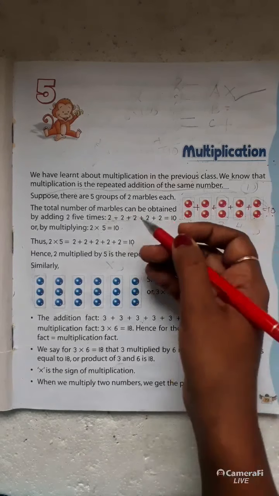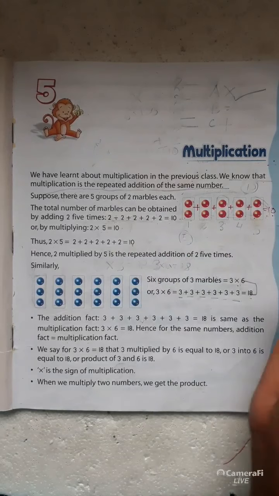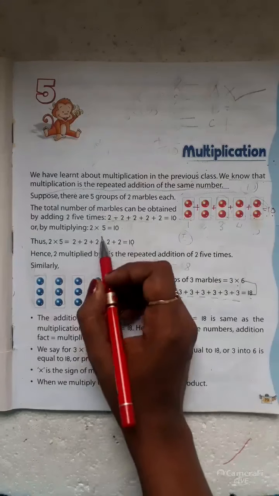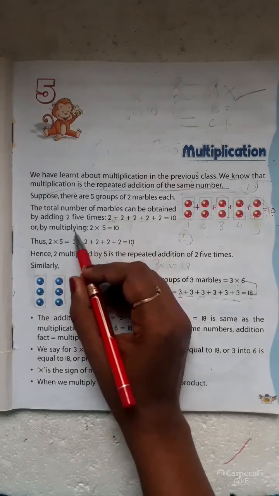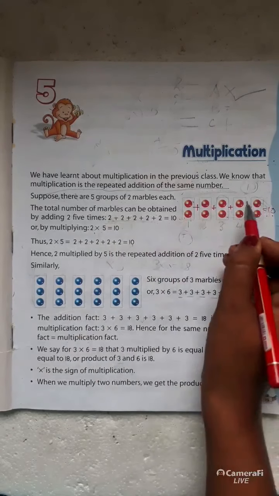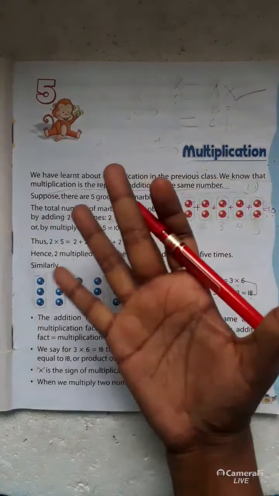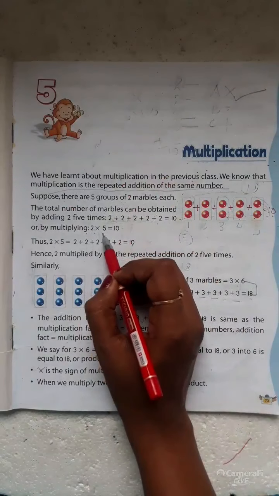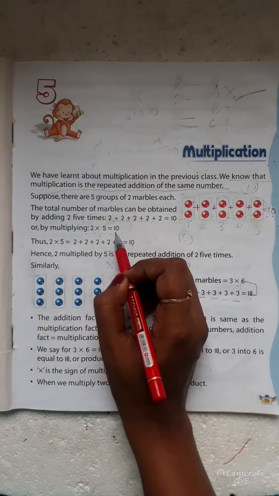But in multiplication, what will we do? We will just multiply. 2 means the marbles in each group, and how many groups are there? 5 groups. So 2 into 5 is equal to 10.